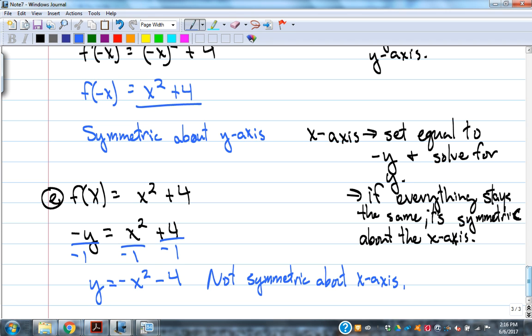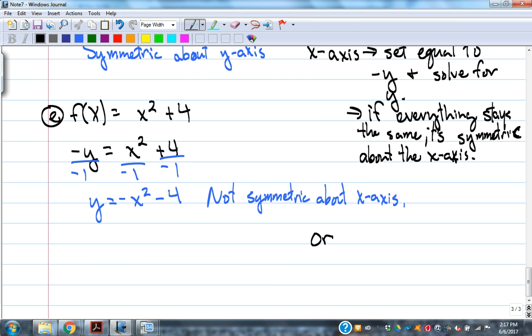Okay. There is one more type of symmetry, and that is of the origin. It's both x and y axis symmetry.